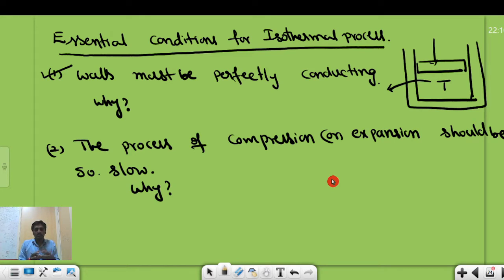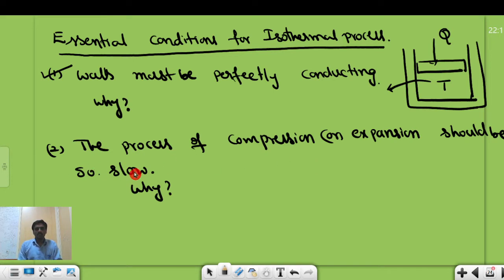If we supply heat energy to the system, the temperature of the system would rise. To maintain the system at constant temperature, the system must have the provision to transfer heat energy from the system to the surroundings, so the walls must be conducting walls only. Only in that case is it possible for energy to be transferred from the system to the surroundings.